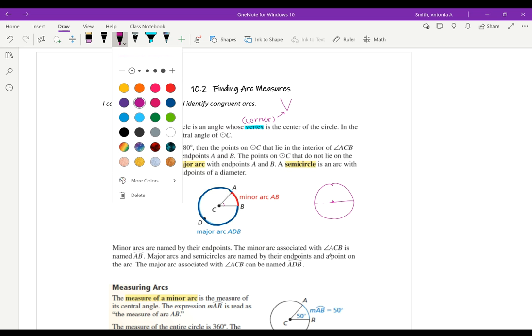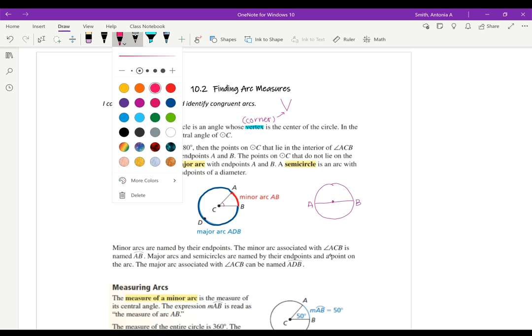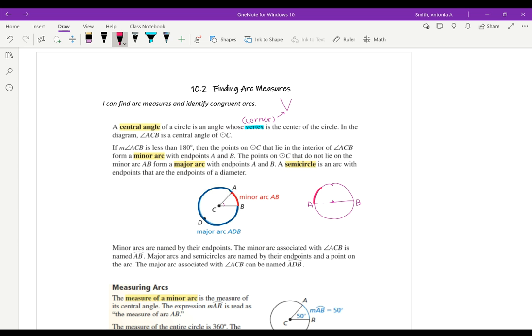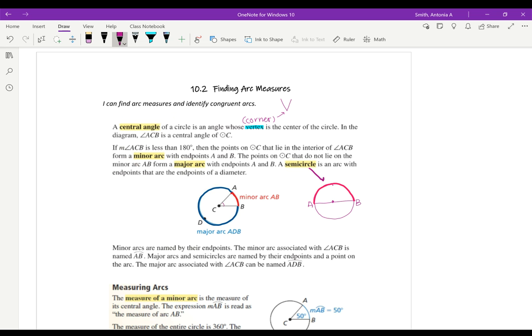But this is A and this is B. Then a semicircle is going to go from A to B, the endpoints of my diameter. So this is a semicircle. So we're talking about the piece of the circle that connects the endpoints of your angle.